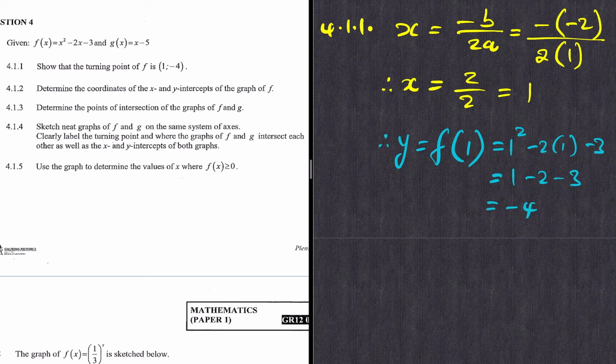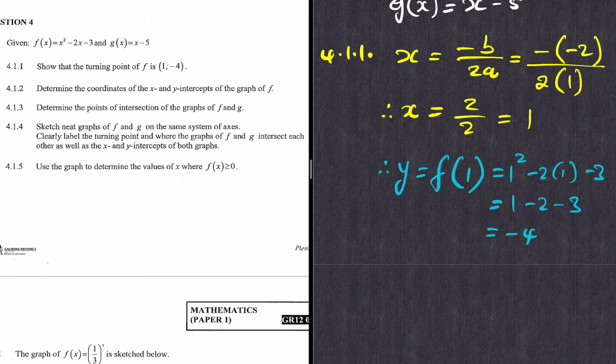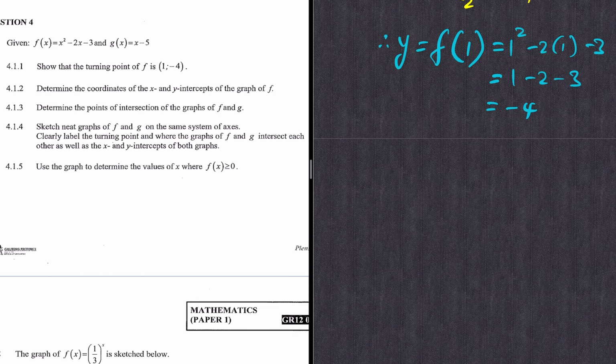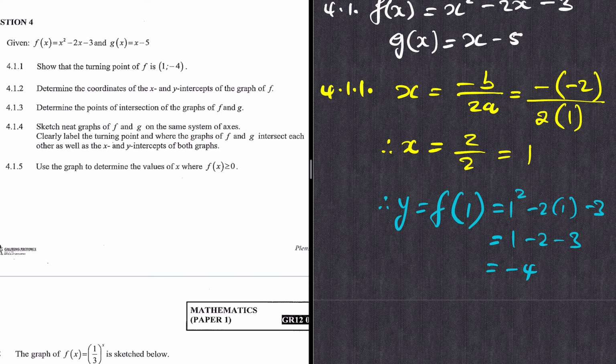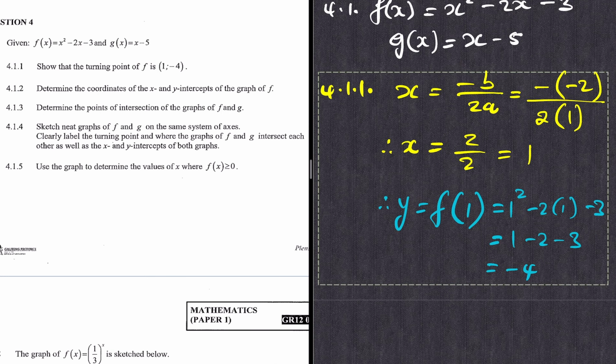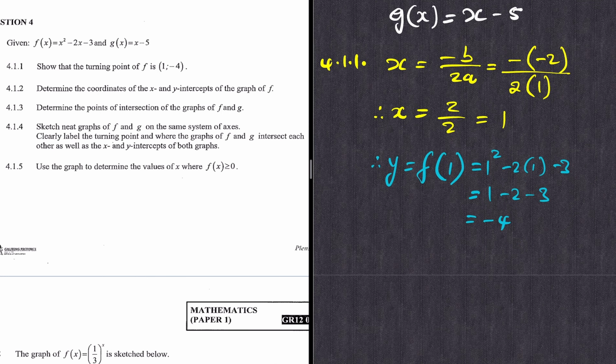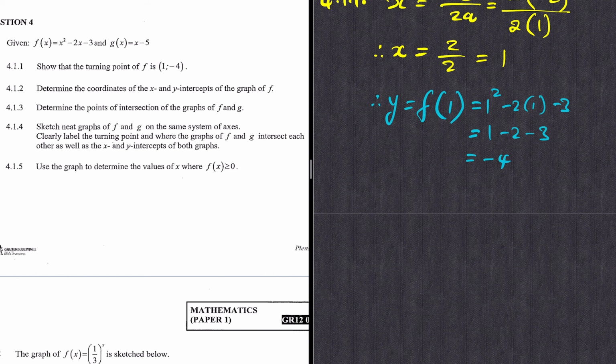So I think you managed to prove that the point is 1 and minus 4. Therefore the point is 1 and minus 4. You're going to get the 3 marks for that. Let me check.